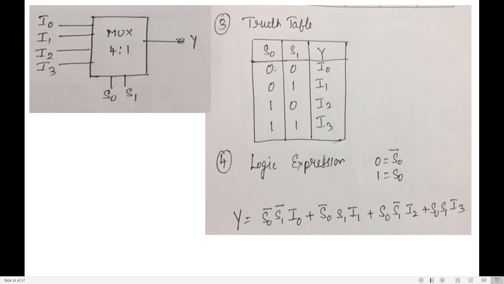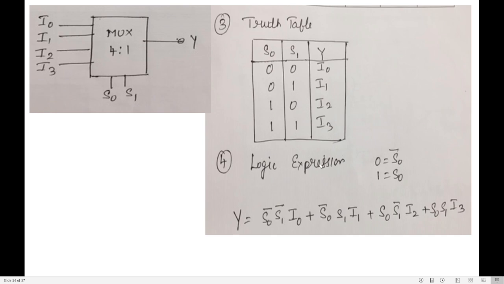If S0 and S1 are 0 0, I0 will be selected and forwarded to output Y. So Y will be I0. If S0 and S1 are 0 1, I1 will be selected and forwarded to the output Y. If S0 and S1 are 1 0, I2 will be selected and forwarded to Y. If it is 1 1, I3 will be selected and forwarded to Y. So it is I0, I1, I2 and I3.